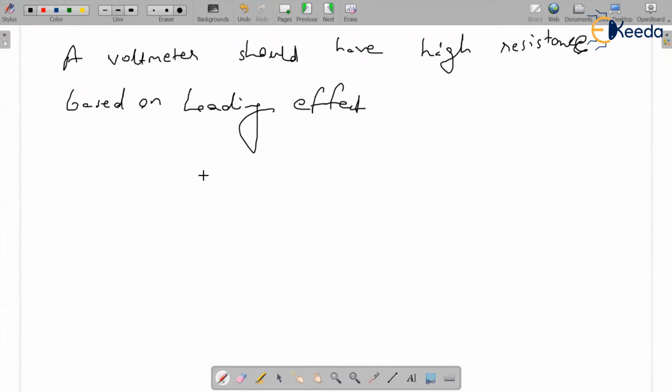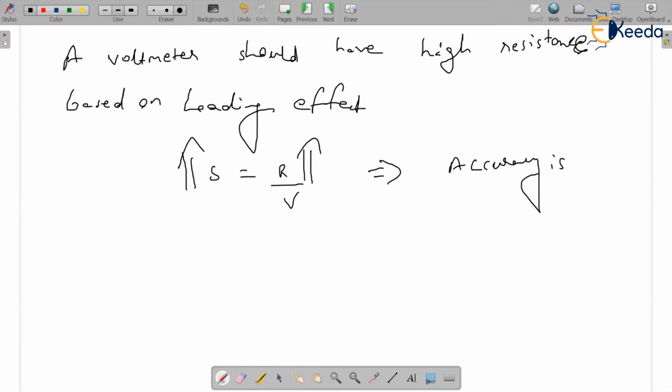So I can give sensitivity in ohm per volt, equal to R by V. When resistance is high, sensitivity is high, which implies accuracy is high and loading error is less.